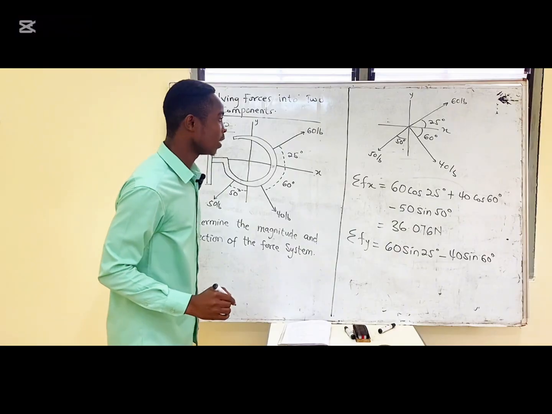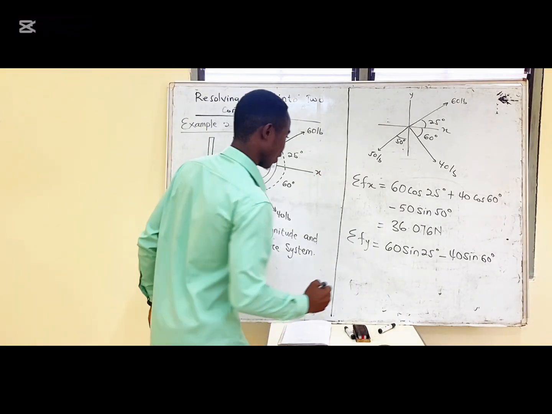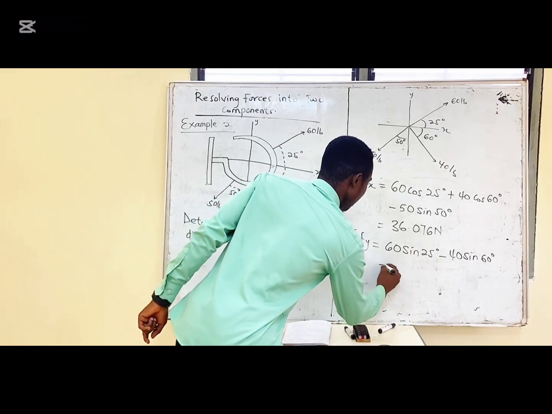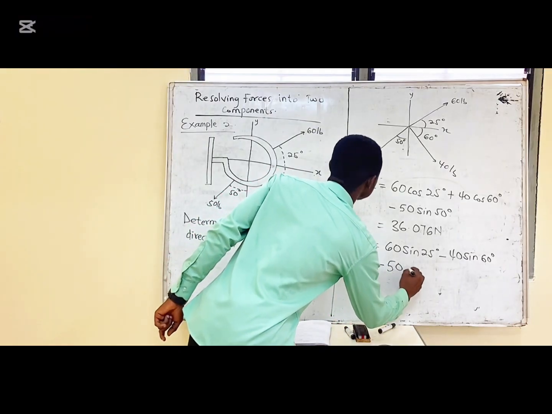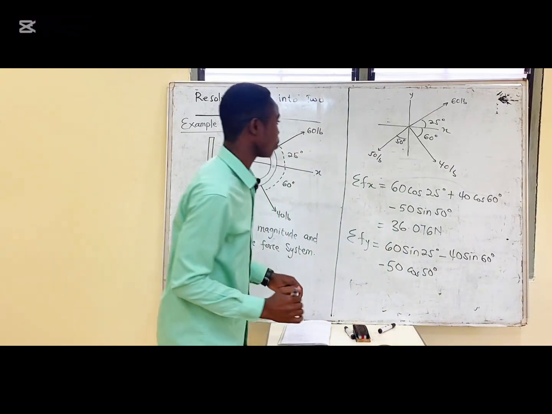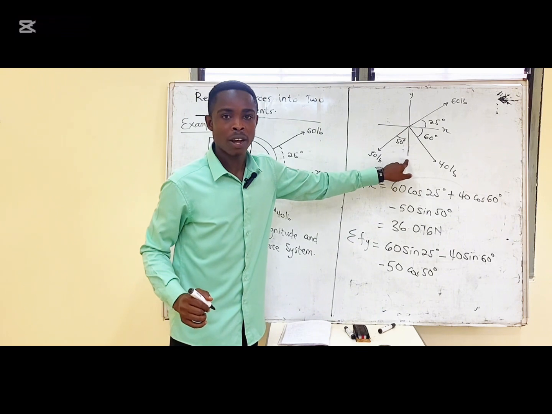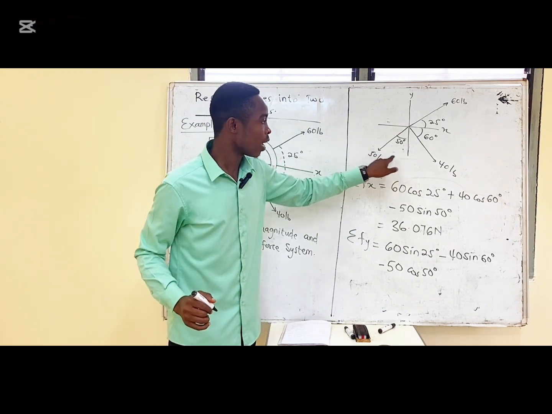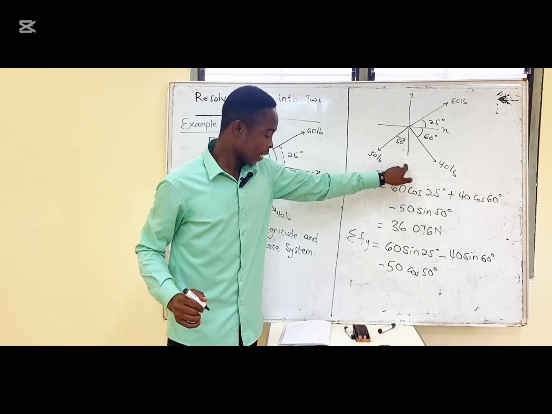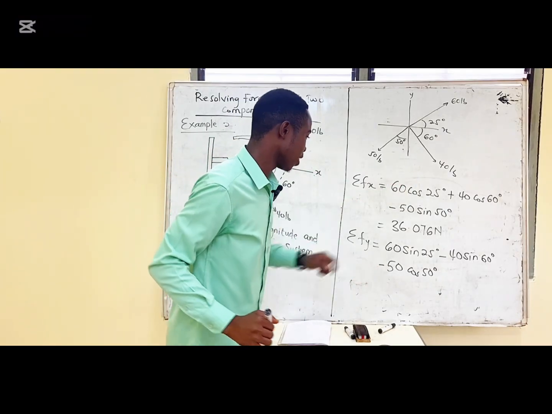And finally, we have our 50-pound force, and it will be negative 50 cos 50 degrees. Why? Because the 50 degrees is adjacent to the y-axis, and resolving this one, it will lie on the negative y-axis. That's why we have negative here.